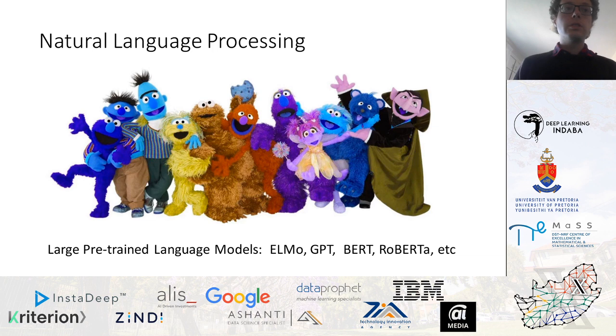Right. So there have been substantial advances in the field of natural language processing in recent years, both in natural language understanding tasks, such as question answering, and in natural language generation tasks, such as machine translation or summarization. These advances were driven by deep learning, and more particularly by large pre-trained models.